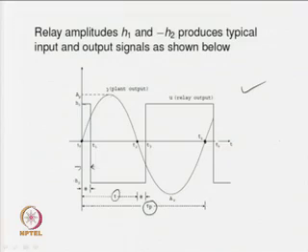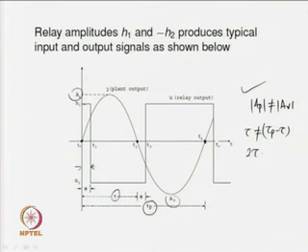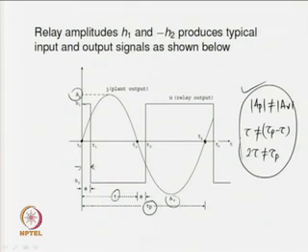In this case, the positive peak denoted by A p is different from the negative peak denoted by A v. So, magnitude wise, A p mod is not equal to A v, and tau is not equal to tau p minus tau, or I can say 2 tau does not give us tau p.